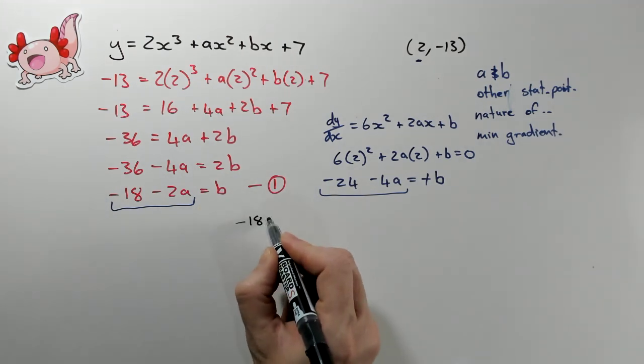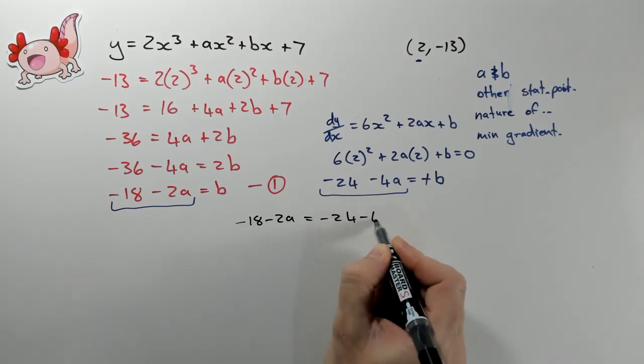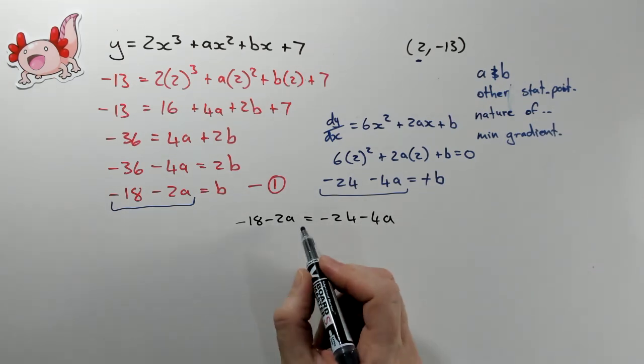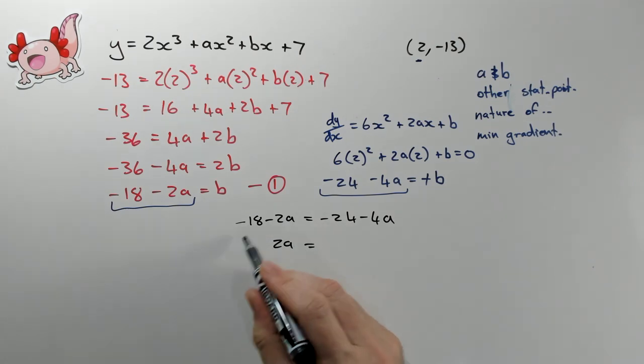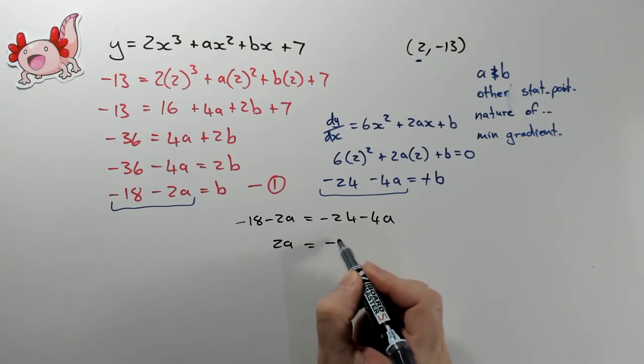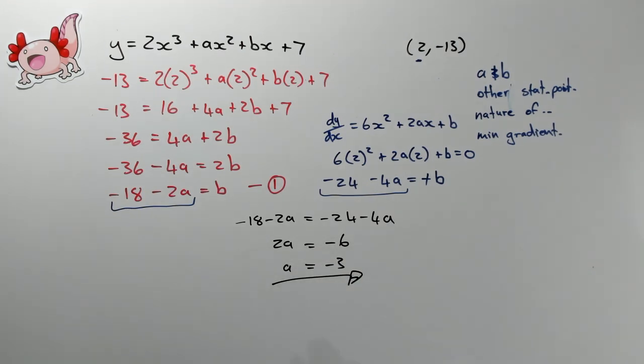So we have -18, -2a is going to be -24, -4a. And let's say if I take this to that side, I'm going to have 2a, and then here it's going to be, what's this, negative, why am I taking so long? This is just a -6. Wow, that took way too long. Okay, so a is going to be -3.